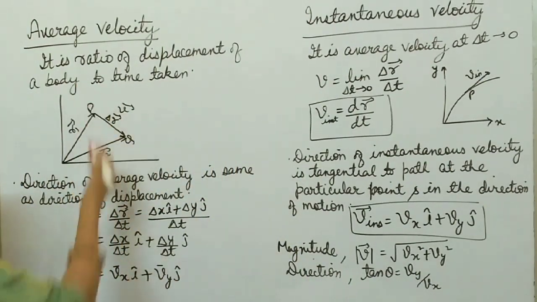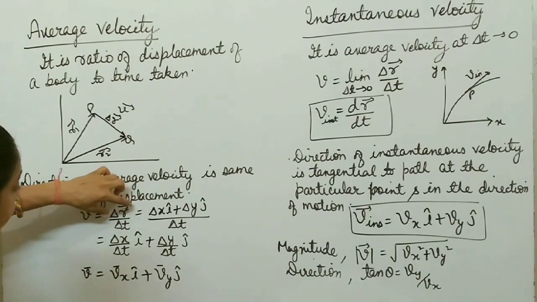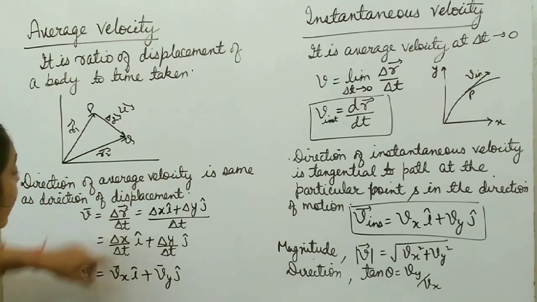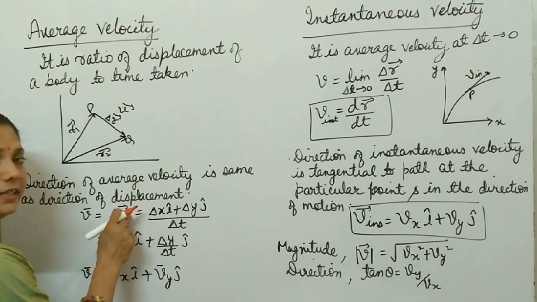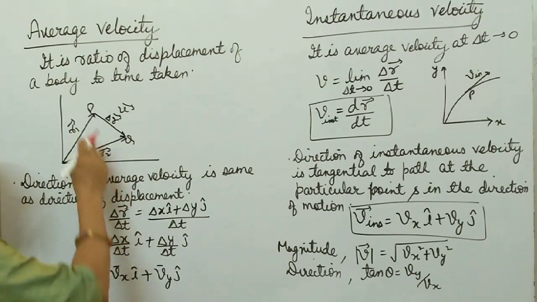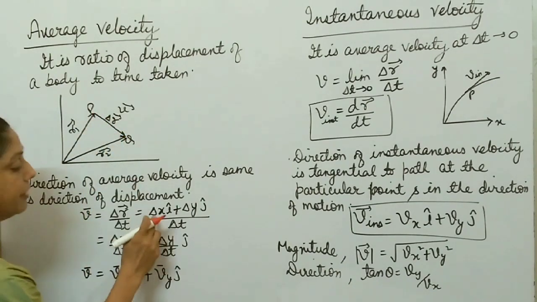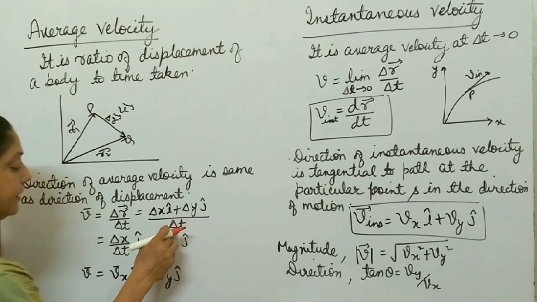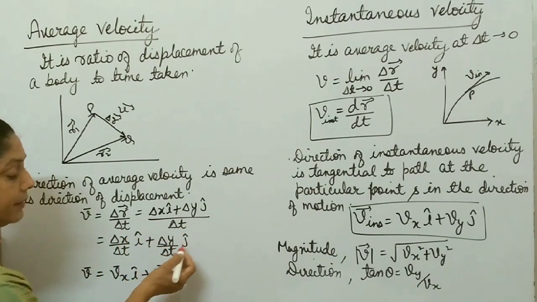So average velocity is given by the displacement delta r in time delta t. So delta r by delta t is average velocity, and you know what delta r is: when the particle changes from one position to another, the displacement vector delta r is delta xi plus delta yj, divided by delta t, right? So delta x by delta t i plus delta y by delta t j.